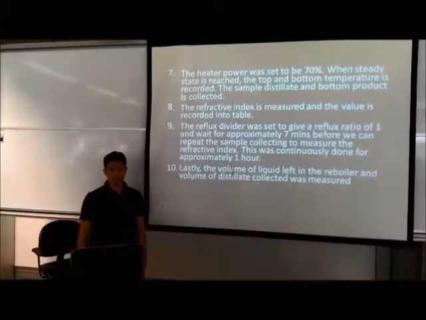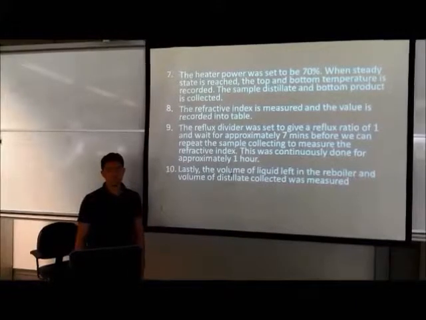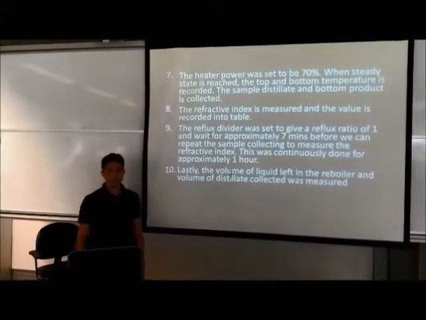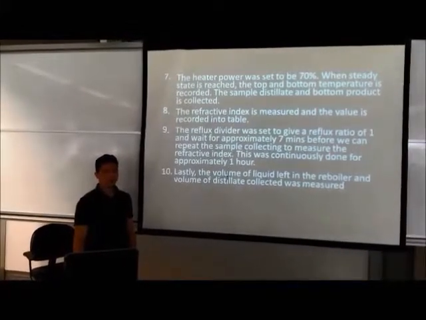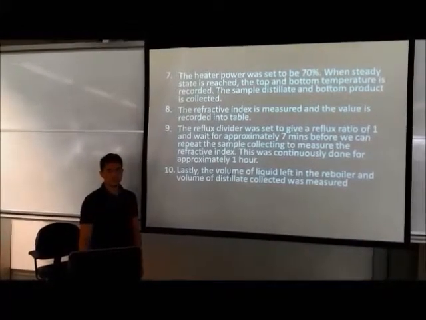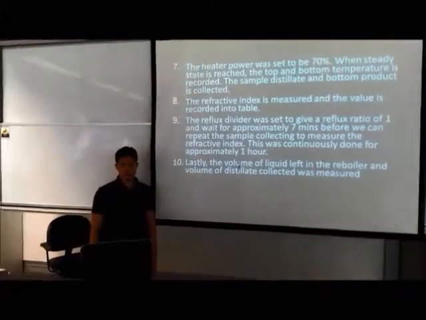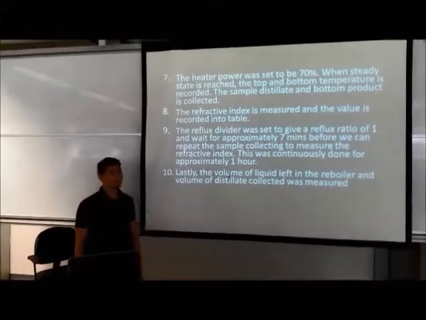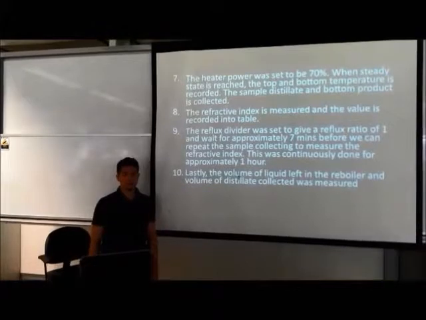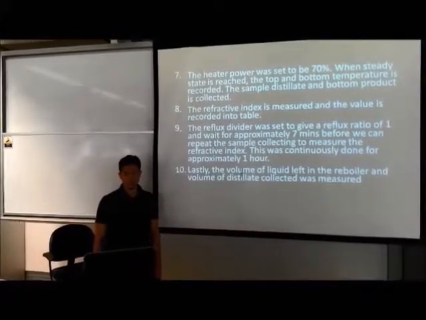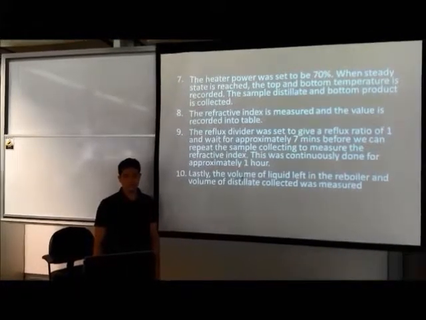After the steady state is reached, we can take the temperature for the top and bottom products, and also collect the sample distillate and the bottom product, because we can measure the refractive index from this data. The reflux divider was set to a reflux ratio of 1, and we need to wait for approximately 7 minutes before we can repeat the sample collecting to measure the refractive index.